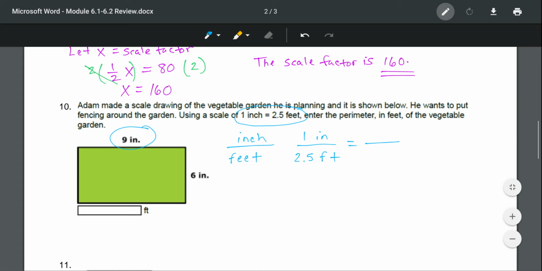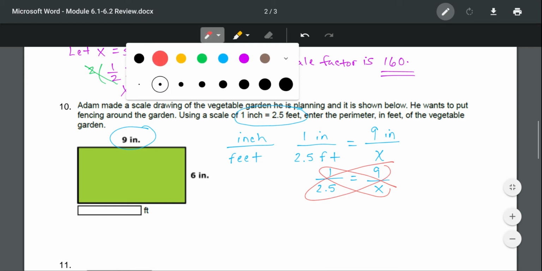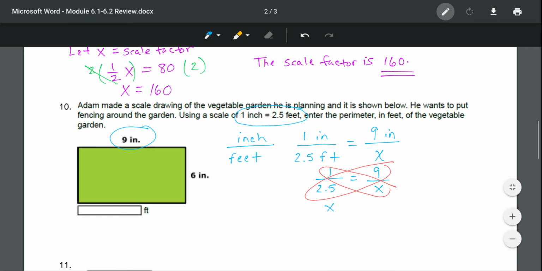So if inches go in the numerator, I would write 9 inches in the numerator, and then in the denominator, I would write the actual feet. So I'm going to let x equal the feet. So I can write this without my units, so it's easier to solve. And now use your cross products. So multiply 1 times x and 9 times 2.5. So 1 times x is just x, and then 9 times 2.5, you can use a calculator to get that result.